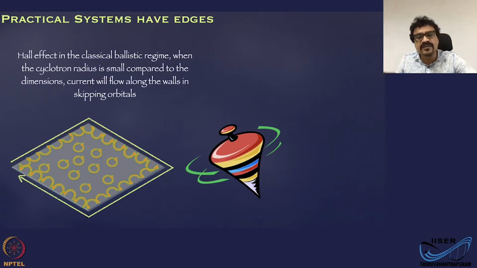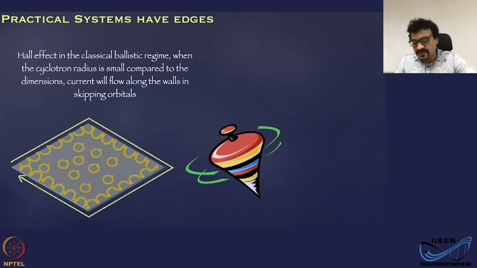Those are systems with finite dimensions, finite width and finite length. So when you consider a system with a finite dimension, then classically you can arrive at an interesting situation in the classical ballistic regime.